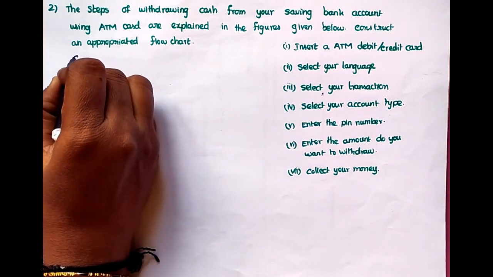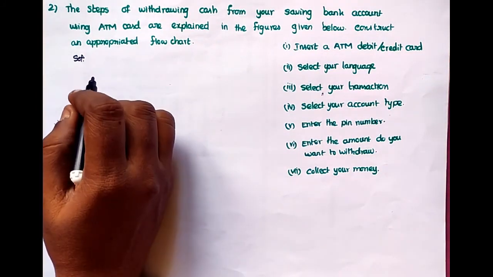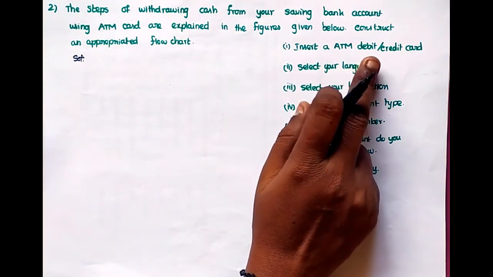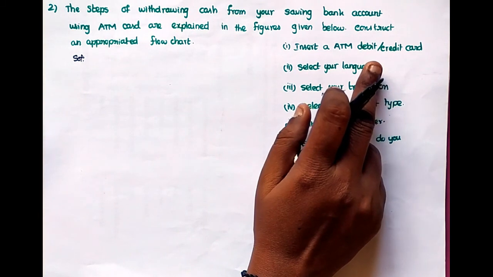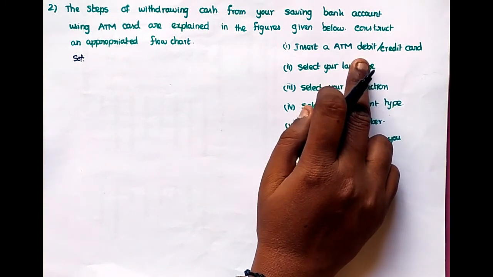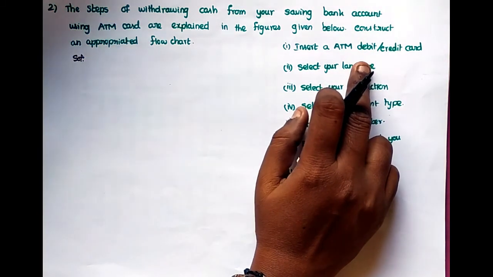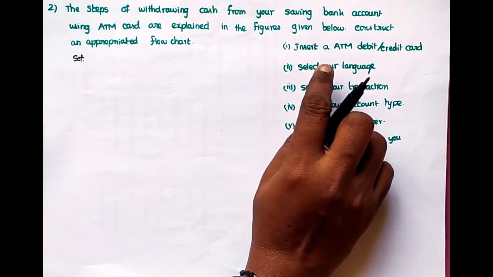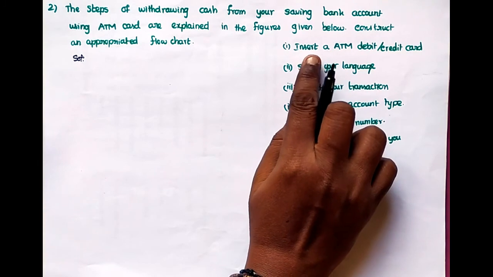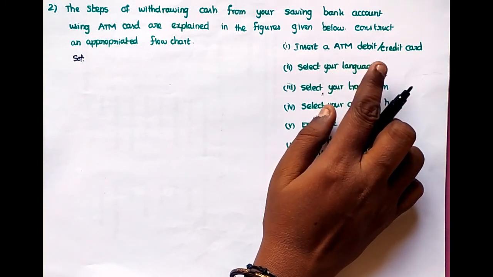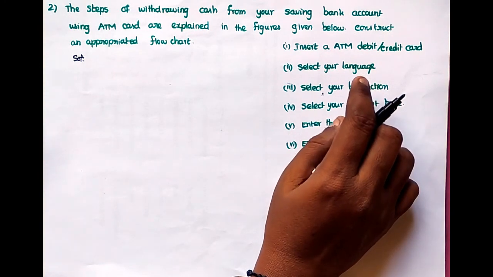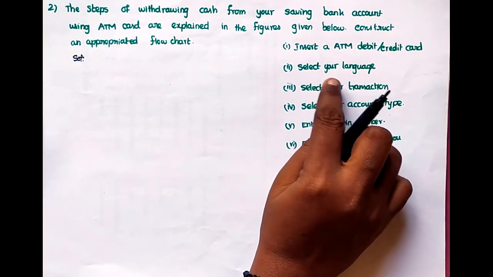First one, start, and then insert ATM debit or credit card. That is input, using the input output symbol. Then select your language.